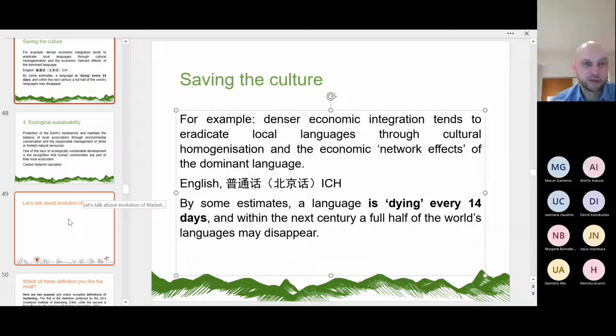And the government is funding some centers that aim to protect the language, to support the citizens to keep using this language.